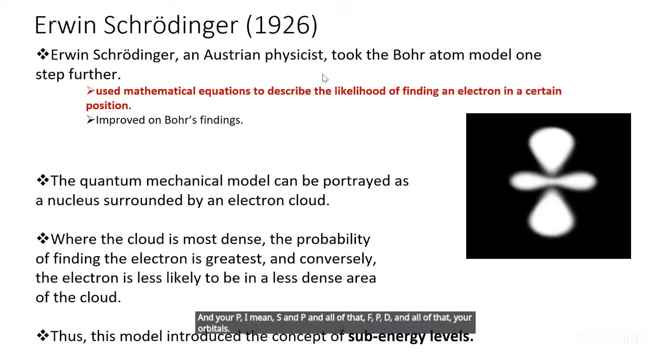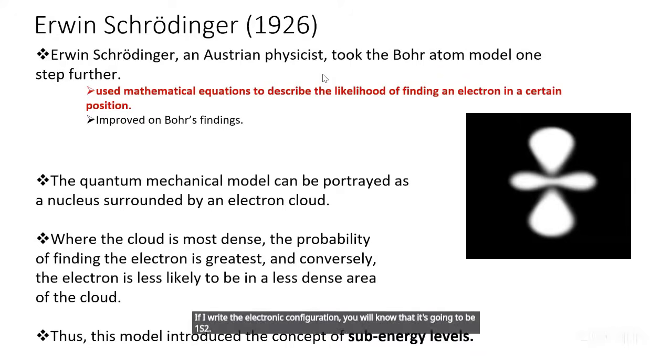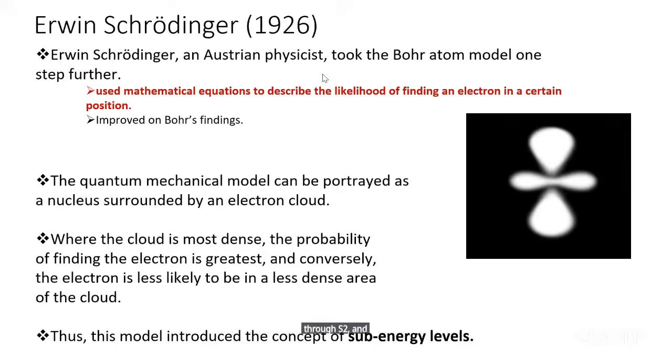So he is telling us that, yes, the electron is in this shell, but where exactly? For example, I have 6 electrons, and I want you to tell me where I will find the 5th electron. If I write the electronic configuration, you will know that it's going to be 1s2, 2s2, and 2p2. So the 5th electron is going to be in the p orbital.